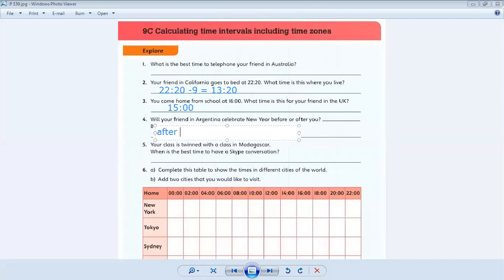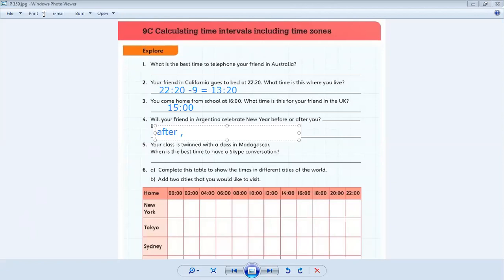How many hours between them? Argentina is in -4, the time zone, and Libya is +1. How many hours difference? 4 and 1. 4 plus 1.